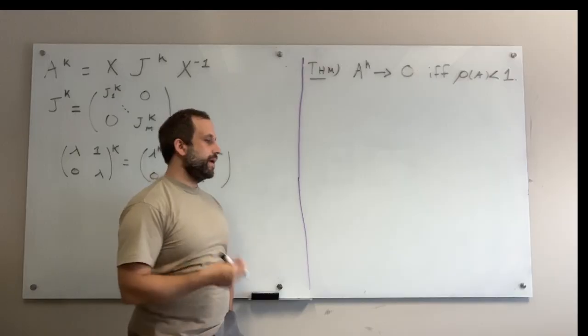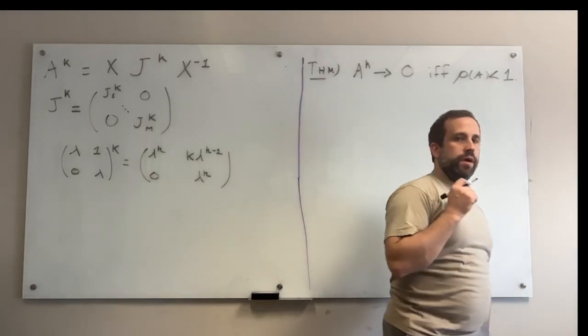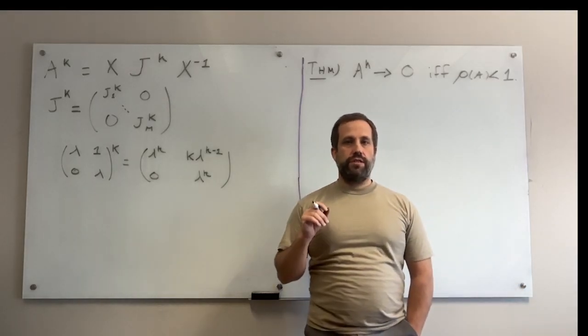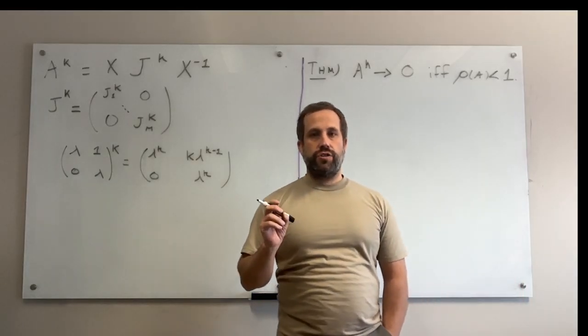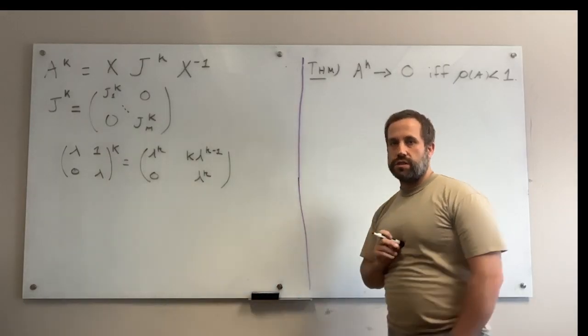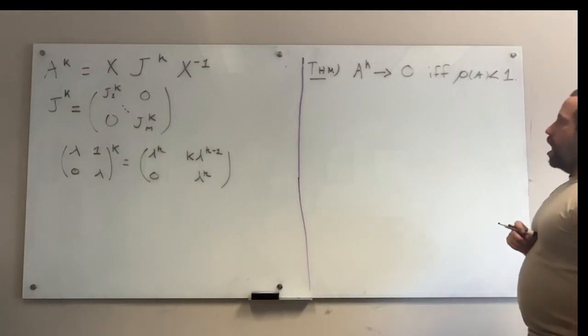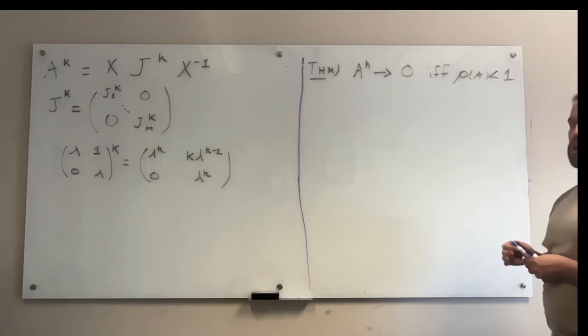Okay, so when you say a matrix converges to the 0 matrix, we mean that all of the entries of the matrix converge to 0. We say a matrix converges to the 0 matrix if and only if every entry of the matrix converges to 0. Okay, so let's think about why this is true. I'm going to prove the harder direction first.